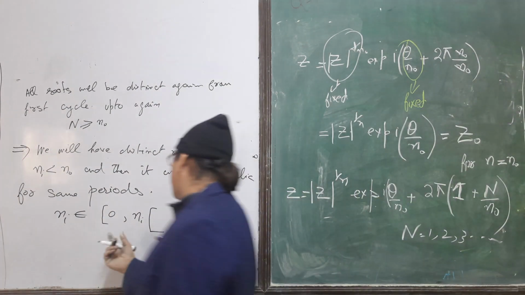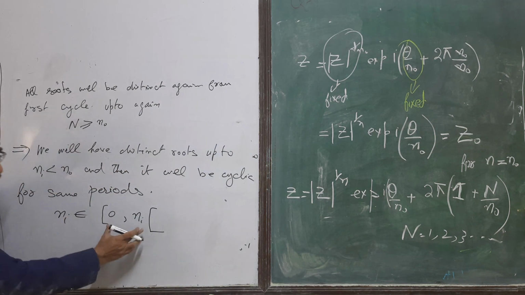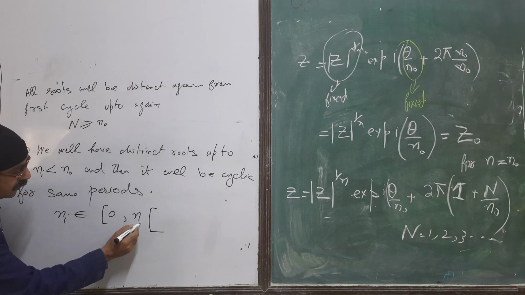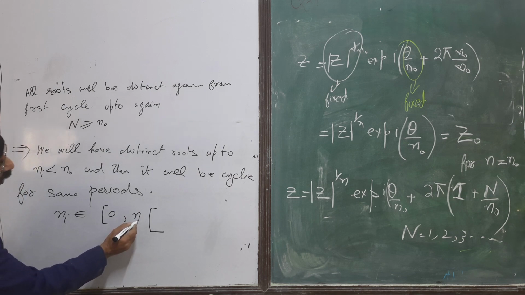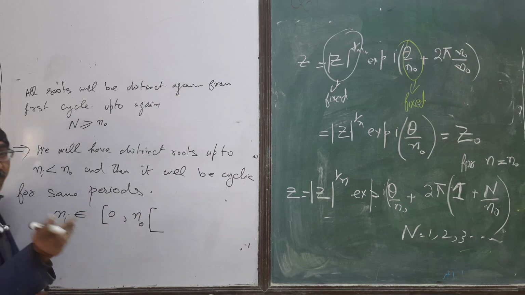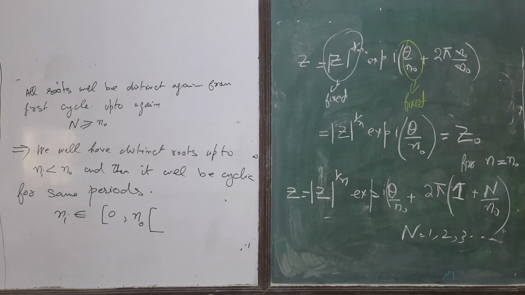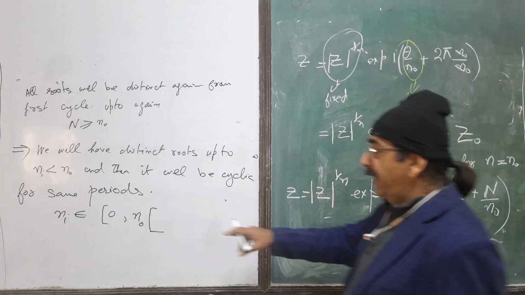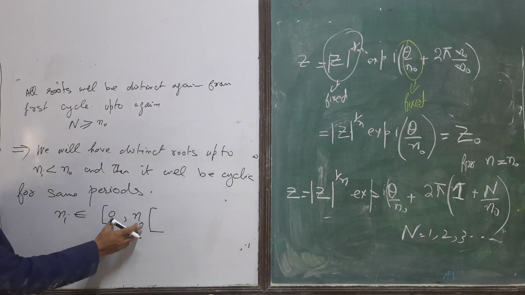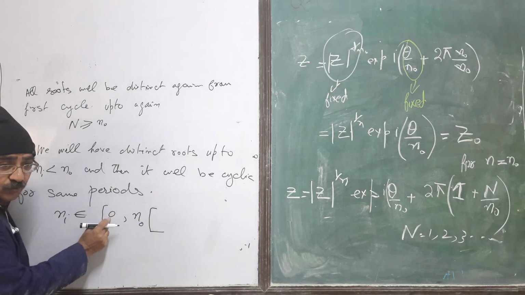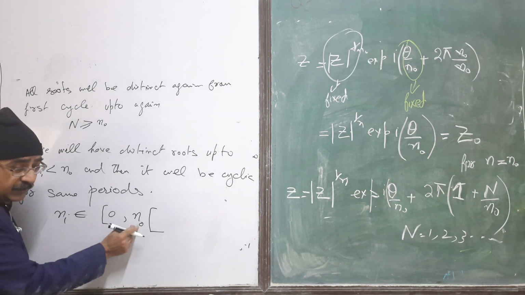This is the period. Means the ni value can exist between 0 to n naught. If n naught is 1, then up till 1. When n naught is 3, then up till 3. So the ni value will be distinct starting from n value 0 to n naught.